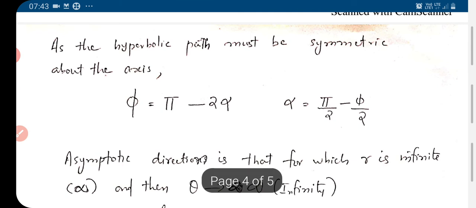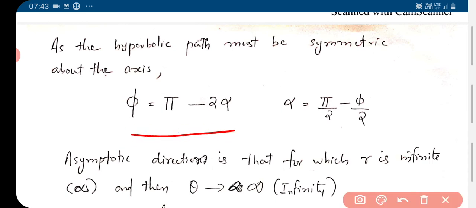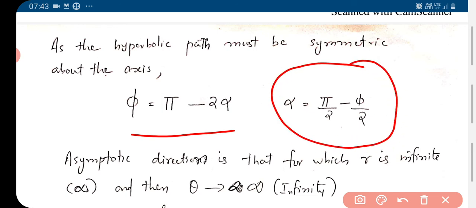So phi equal to pi minus 2 alpha, and alpha equal to pi by 2 minus phi by 2.